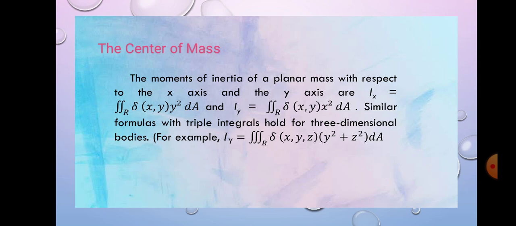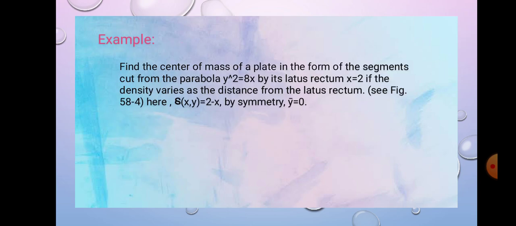Similar formulas with triple integrals hold for three-dimensional bodies. For example, Iy is equal to the triple integral over R of density δ(x,y,z) times the quantity y squared plus z squared dV.